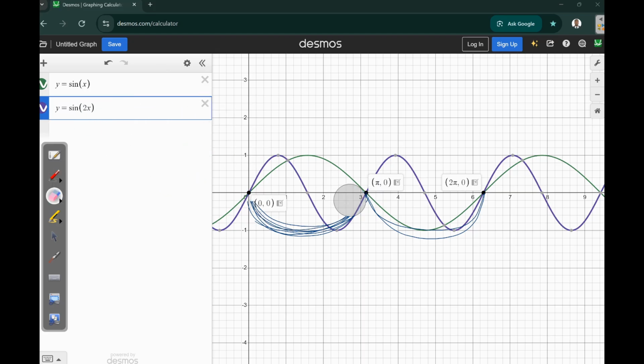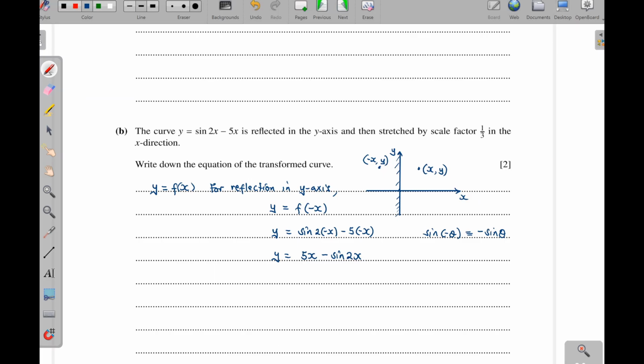So what does this one mean? This one means that when we go back here, if I say now we are supposed to stretch by factor a third parallel to the x-axis, so we shall have y, which is equal to f of now 3x.